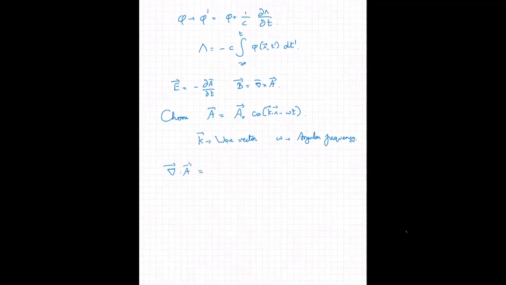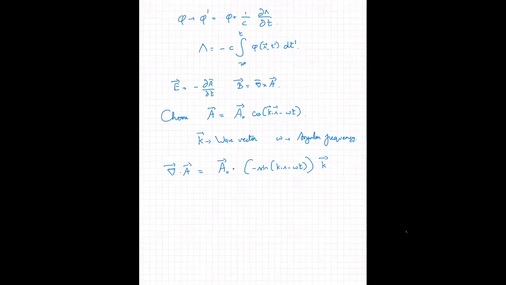Okay. Now, what does del dot A equal to 0 mean for this wave? Del dot A for this guy is basically, since A0 is a constant vector, the divergence, which is d/dx and things like that, only acts on the cosine part. So it leaves A0 out, dot del of cosine (k dot r minus omega t). So this is minus sine (k dot r minus omega t) times the derivative of k dot r, which is basically k.